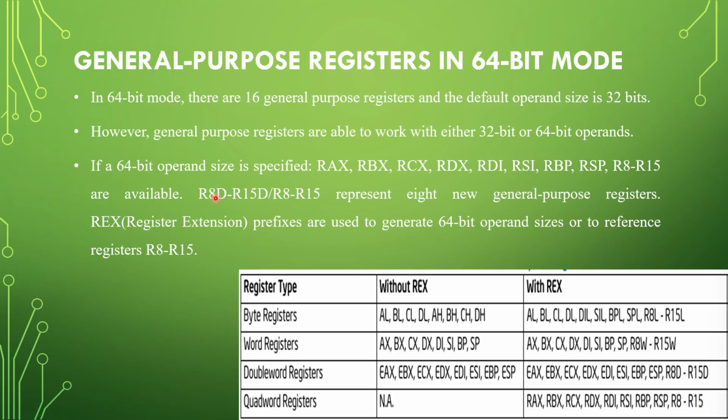This R8 to R15 represents the 8 new general purpose registers in 64-bit mode. What does REX indicate? REX indicates the register extension prefix that is used to generate 64-bit operand size and to reference registers R8 to R15. It is nothing but E indicates extended register, R indicates register extension, that's it.